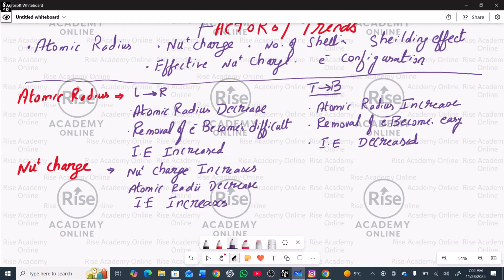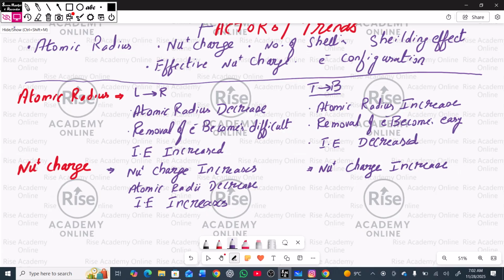The same effect can be observed in moving from top to bottom in a group. Nuclear charge also increases in a group.